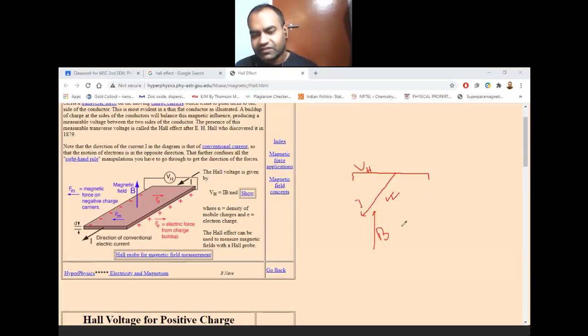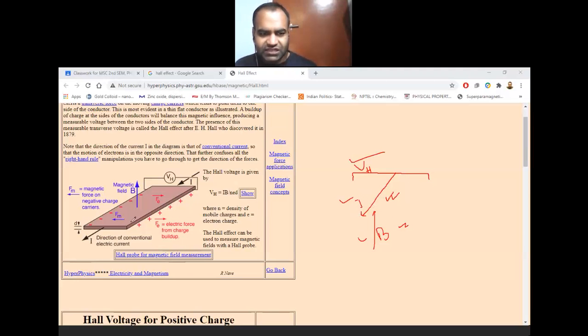This Hall voltage will depend on both the current and the magnetic field, and at the same time the Hall voltage will be perpendicular to each one of these. So all of them are perpendicular to one another. The magnetic field is perpendicular to the current, and the Hall voltage is perpendicular to both the current and the magnetic field.